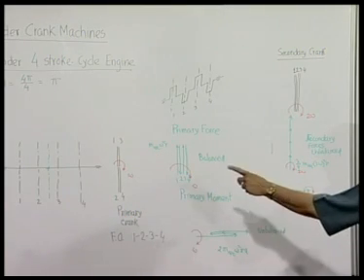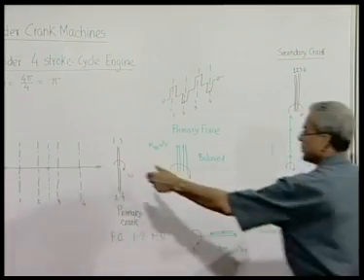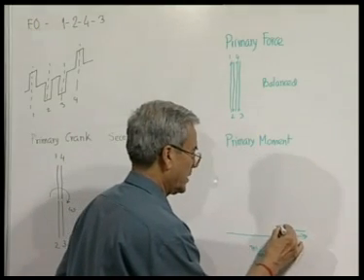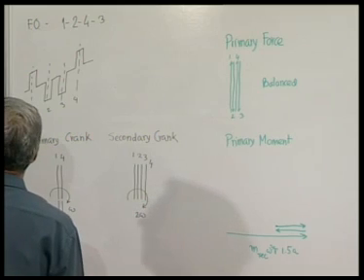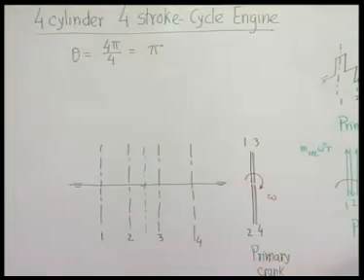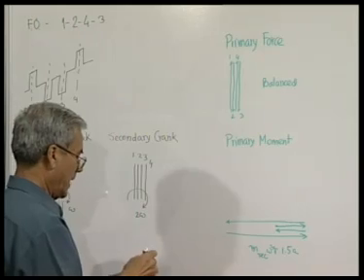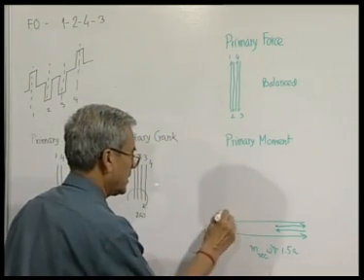Then 3 is again in downward direction. So, it will produce a moment in the direction opposite to that and same magnitude. And finally, the fourth one, which is in the upward direction, that will produce a moment in this direction, and the whole thing is rotating, this primary moment diagram. And as you have seen that where we started, we have come back there. So, therefore, it is balanced.